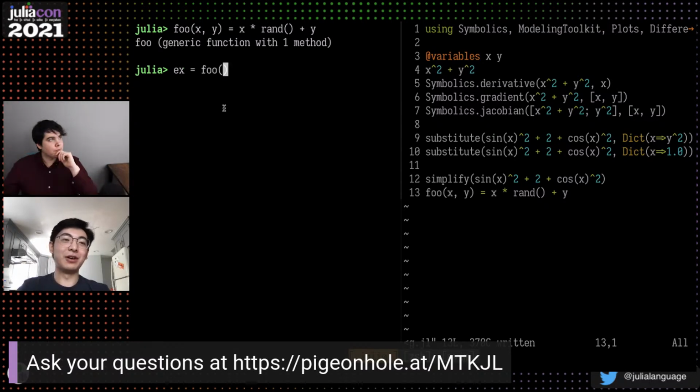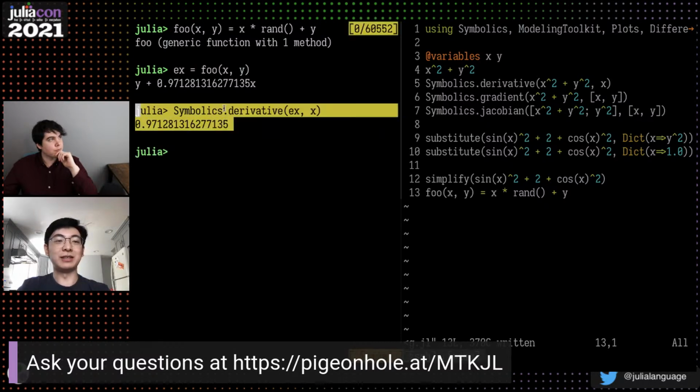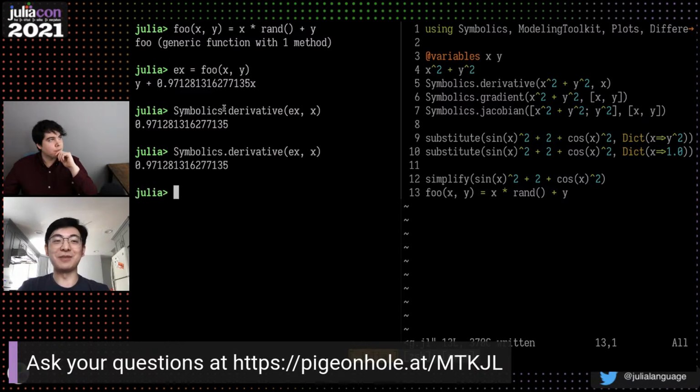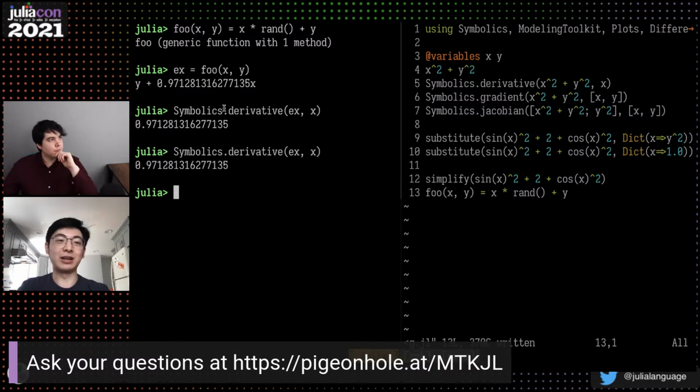So if I have foo of x of y, and then I do Symbolics.derivative of this expression with respect to x, that would just always be this number. It wouldn't be a random number, right? Even though this number at the first evaluation is random, it would just be a fixed constant because we have already captured it in the symbolic tracing.